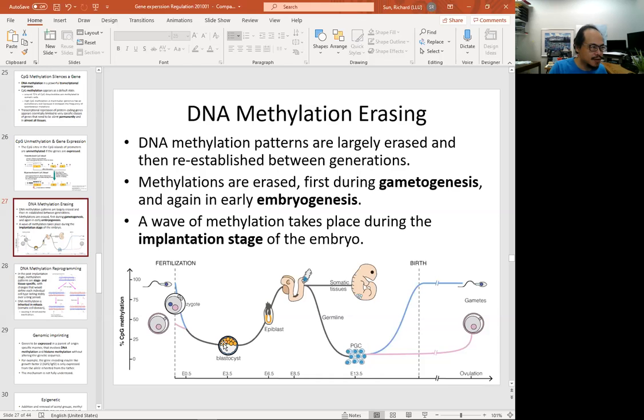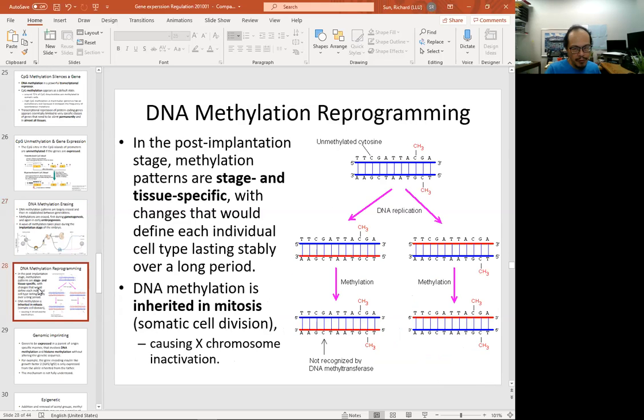So that's erased, and this methylation can be reprogrammed back into the organism again. It is stage specific and tissue specific, and it will last for a long time.